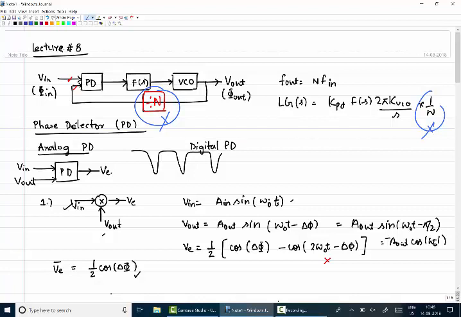Okay. So the thing is, we have not yet looked at the noise in the PLL, what kind of bandwidth requirements are on the PLL, how we are going to implement the loop filter and KVCO. I may have a 1 by n factor or may not have a 1 by n factor, but I can still enforce the same loop gain for the two different kinds of PLLs. I have freedom for the loop filter and KVCO, right?